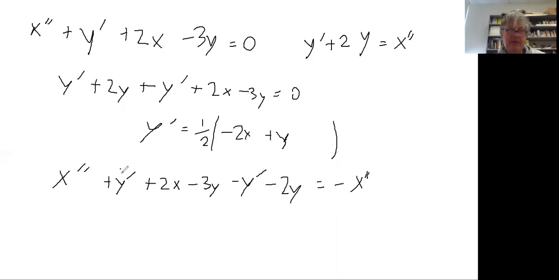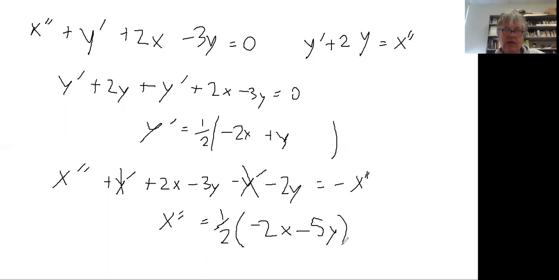Okay, so these guys cancel out. This guy goes over here. So we're left with x double prime equals, and again we get 1/2. And we put everything over this side. So what do we got? We've got a minus 2x and a minus 5y. Fantastic.